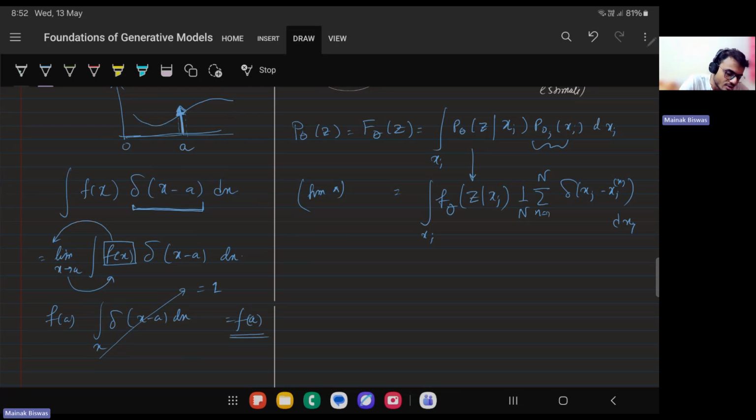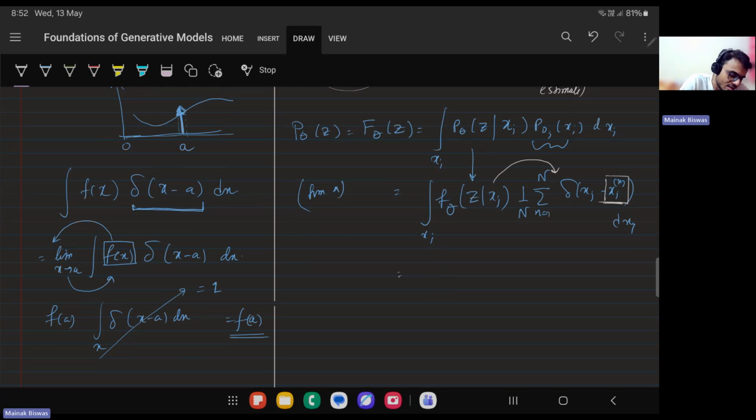Okay, so now I know this is the value at which I want to evaluate xj. So this becomes the sum over n equal to 1 to n. We'll evaluate it for all the n samples because it's a summation. So we can take this inside.